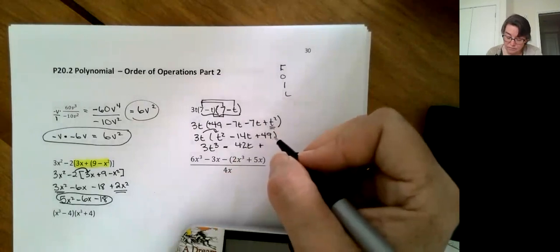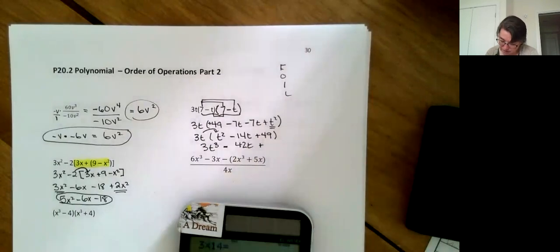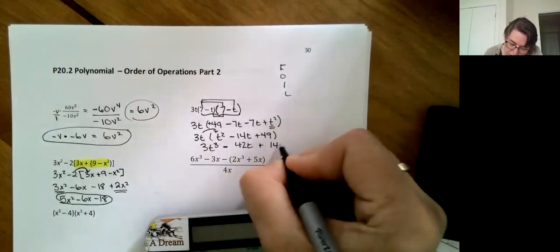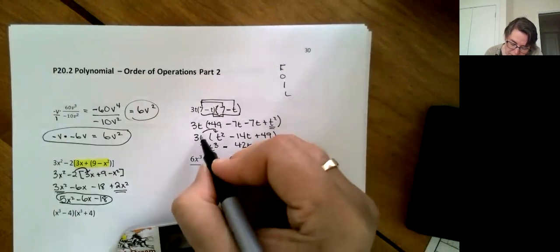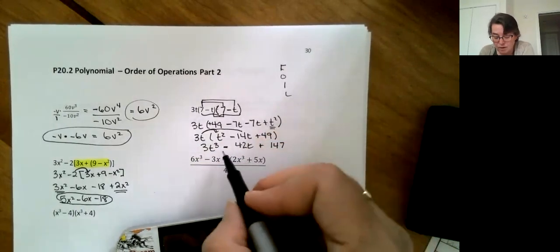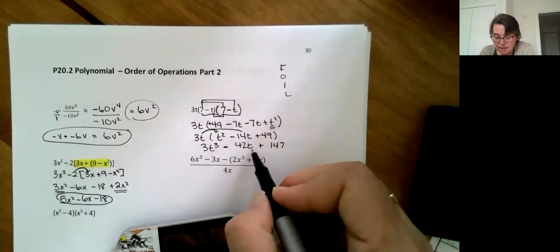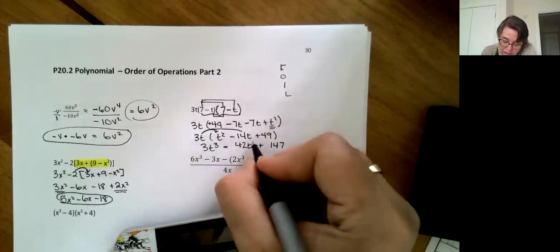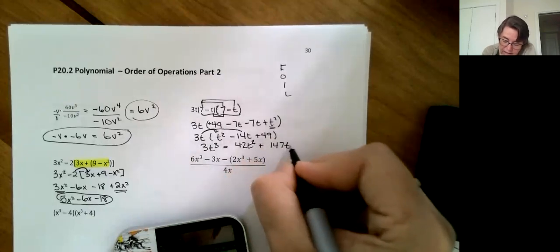Okay, I'm going to say 147. Let's see how my brain is. 3 times 49. Woohoo! 147, and something went wonky. The reason I noticed is because I went to t cubed and to t, and then to that. I lost the t, forgot about the t up front. So this should have a t squared, and that should have a t behind it.